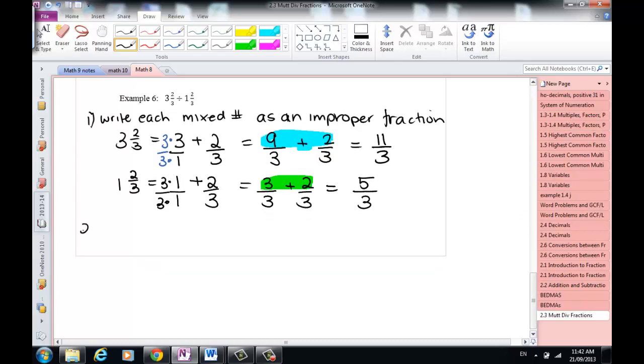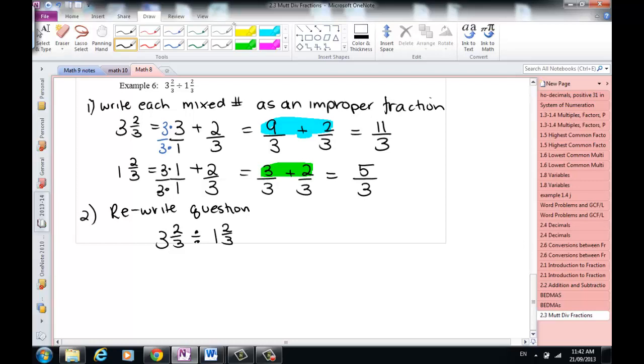Alright, so my second step is to rewrite. So I had 3 2/3 divided by 1 2/3. I'm going to rewrite this, so I just found that 3 2/3 is equivalent to 11 over 3. And I just found that 1 2/3 is equivalent to 5/3.